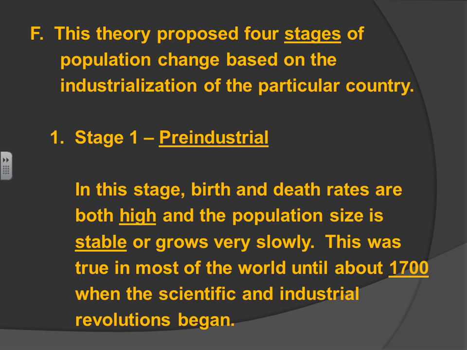In other words, even though you may have a lot of children being born, you also have a lot of people dying, so they kind of balance each other out, so the population just stays kind of stable. This was true in most of the world until about 1700, when the scientific and industrial revolutions began.